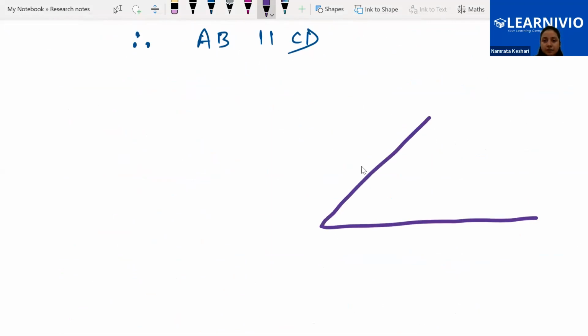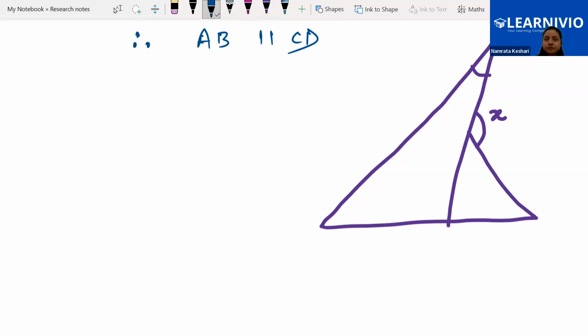Next, we are having this, and we have to find the value of x over here.